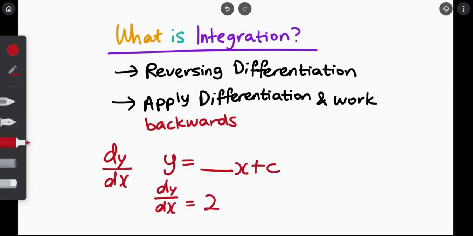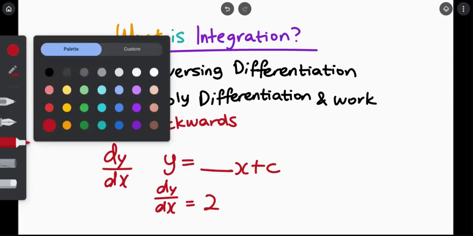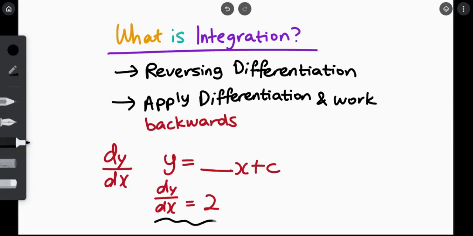If it's 2, you will have to figure out a way of how you can work from this step to this step. This is what we want to achieve ultimately. This is just a basic introduction on integration.